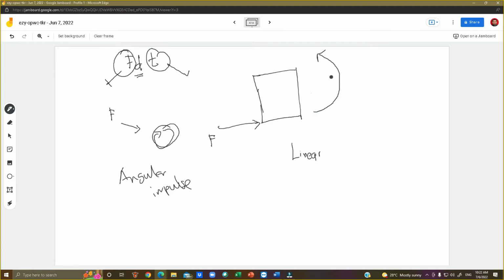So where is the radius? Where is its axis? We need to know that first. Let's imagine the axis in the middle as always. So we know that this box is going to rotate like this. Agree? If we give force here, it will rotate like this.